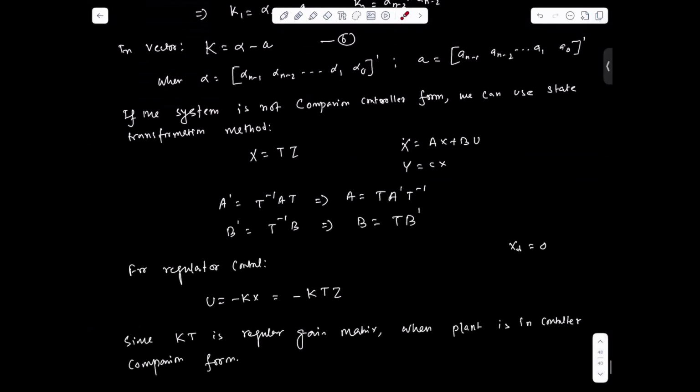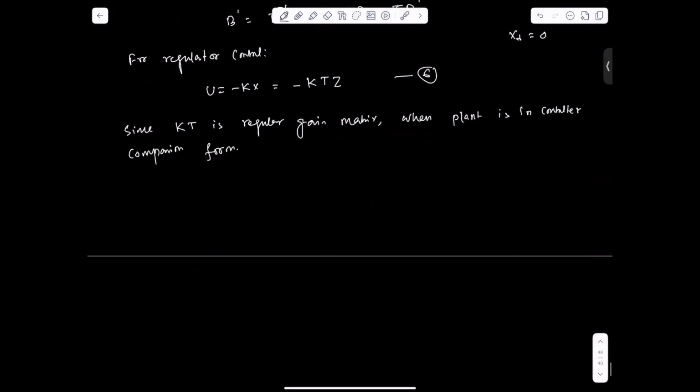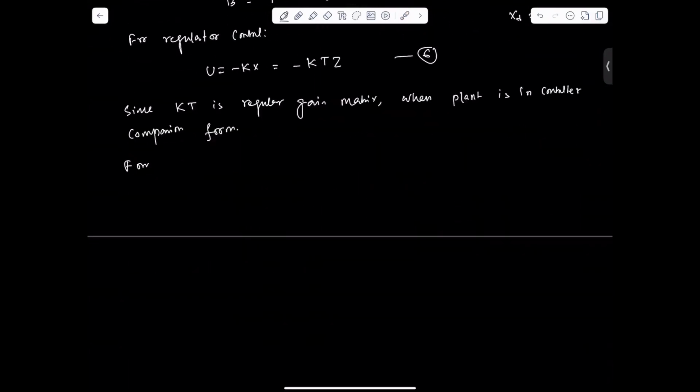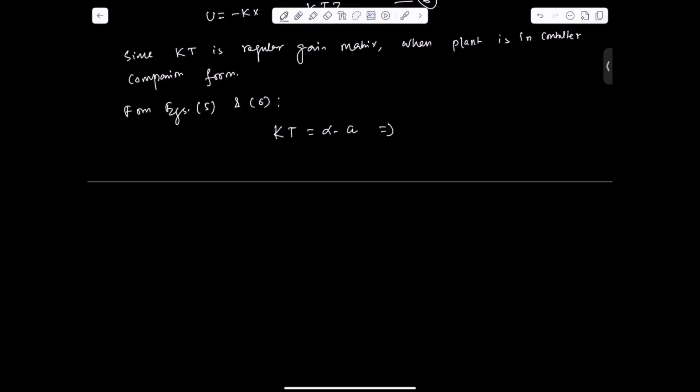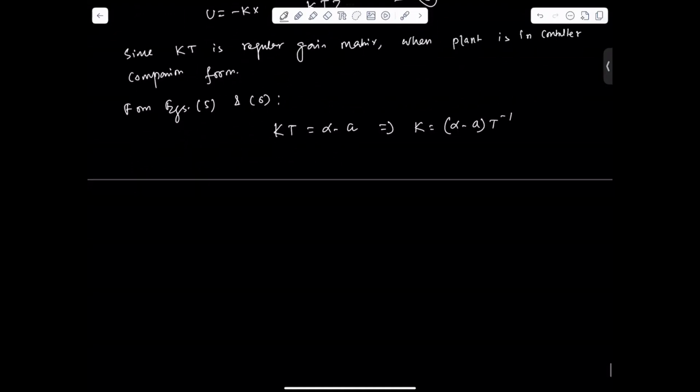Let us define this as equation number 6. From equations 5 and 6, we can write kT equal to alpha minus a, from which we can write k equal to alpha minus a, times T inverse.